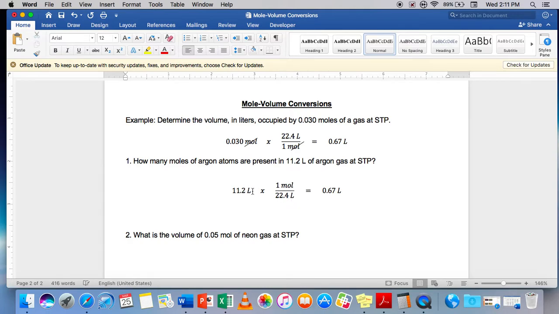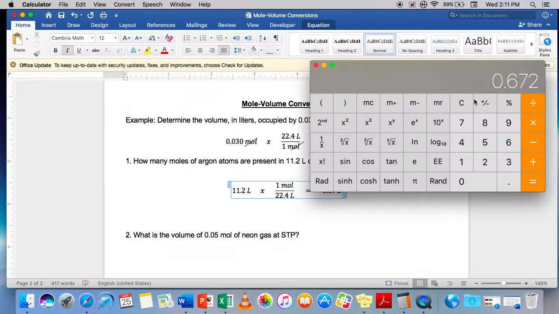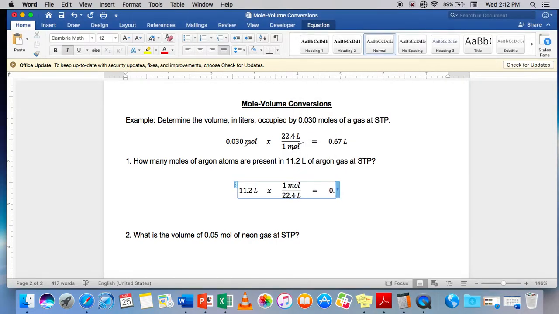By doing this, the liters will cancel. The only unit that'll be left over is moles, which matches the question, how many moles. In my calculator, I can put 11.2 divided by 22.4, hit equals, and I get 0.5. So this is 0.5 moles.